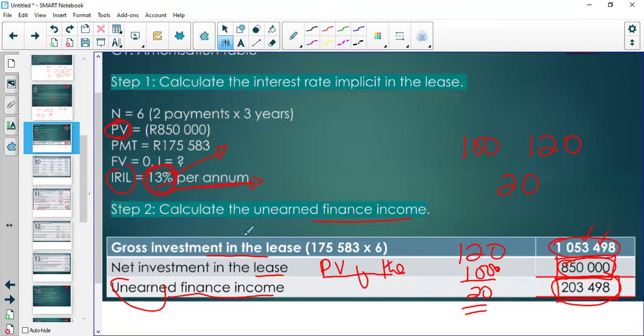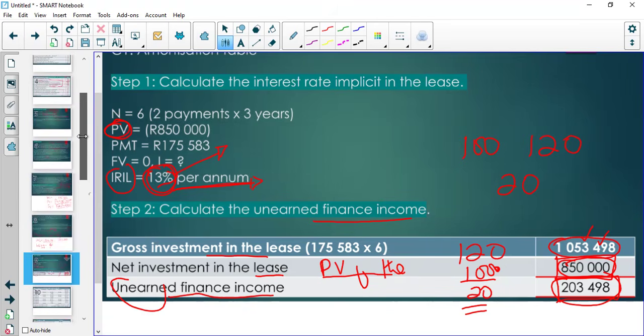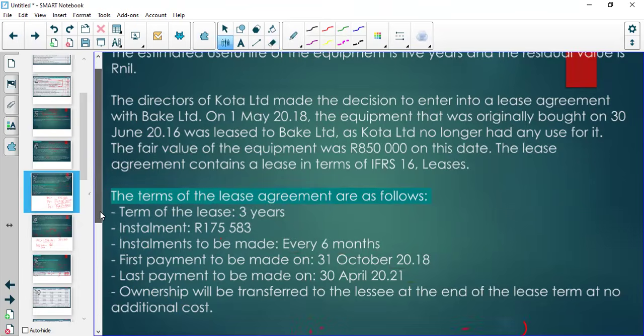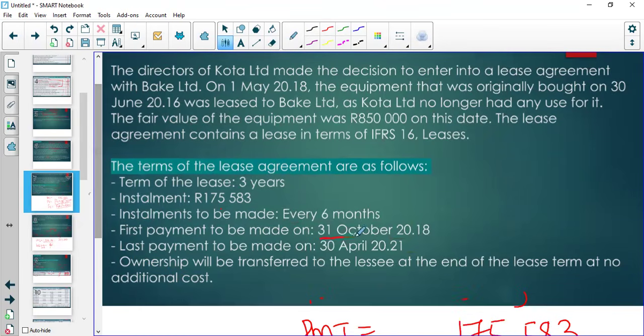Right. So I want you to follow. This is important. I want you to follow this. Do you see? Payment is made on 31 October 2018.